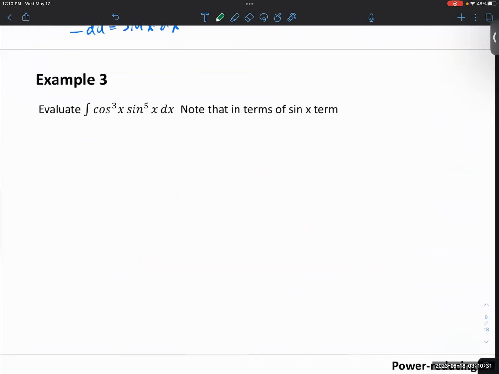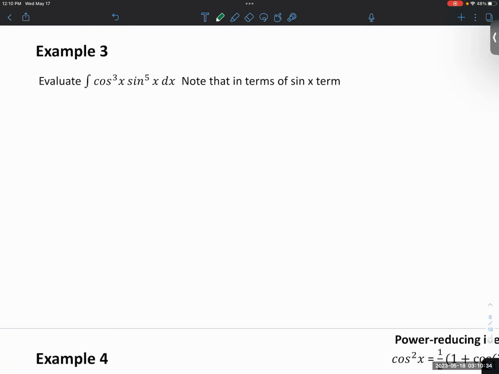This is exactly what I want to show you. So you see that I have a 3 and a 5 on the cosine and sine. So now we know what we're gonna do. The 3 is an odd number, 5 is an odd number. So you can use sine or cosine, it doesn't matter. You can break one of the functions. So let's say I'm gonna break cosine cubed. It could be the same as cosine squared x times cosine x, correct?